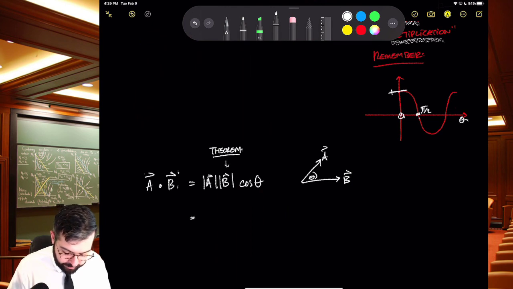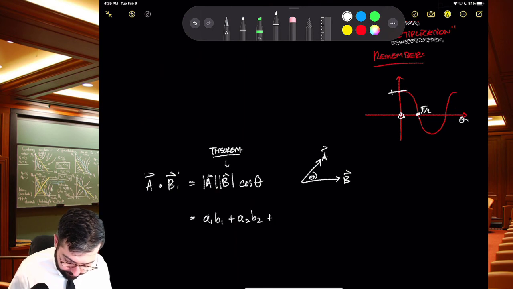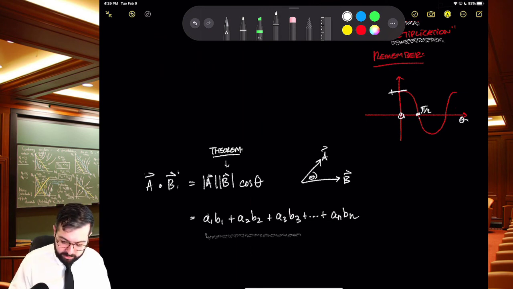The actual definition says you take the components and multiply them together. A1 B1, A2 B2, A3 B3. And again, this works up to n dimensions. We're probably only going to care up to 3 or 2 for a while.